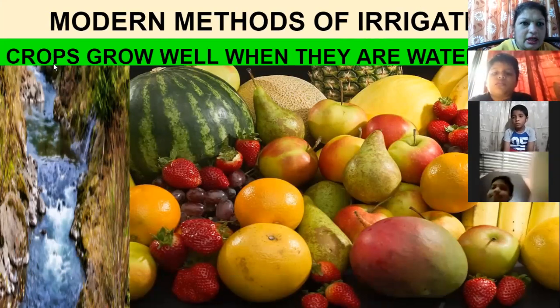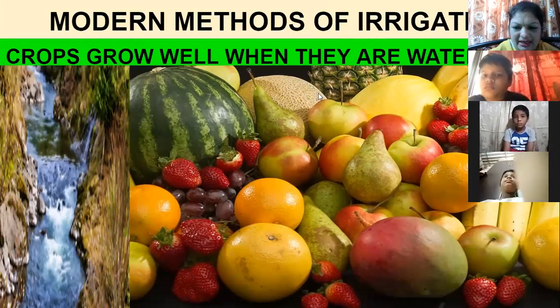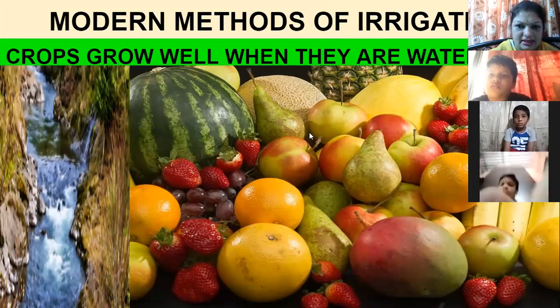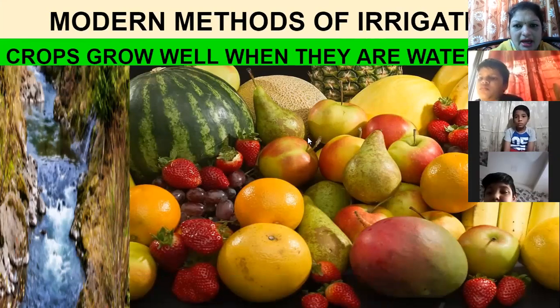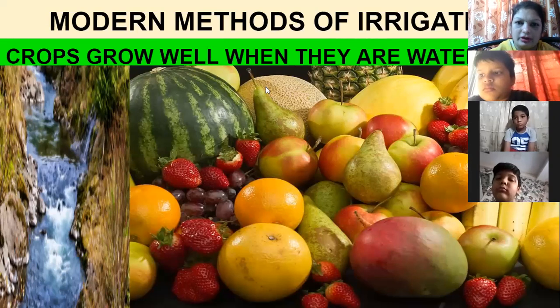In that, crops grow well when they are watered. This is an example. Nowadays it is rainy season, and you can see even the plants in your house, in the gallery, even if you are not watering them, they will grow well, and they will be properly green in color. The reason is they are getting natural water.